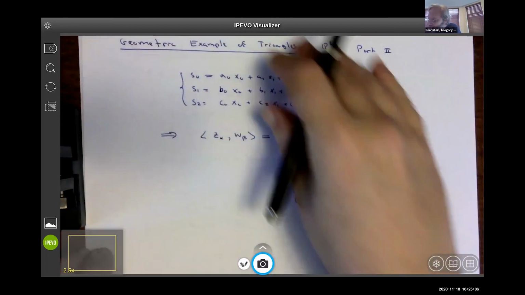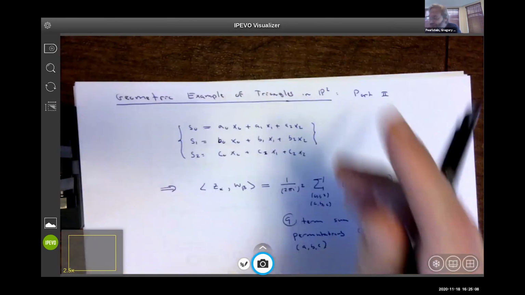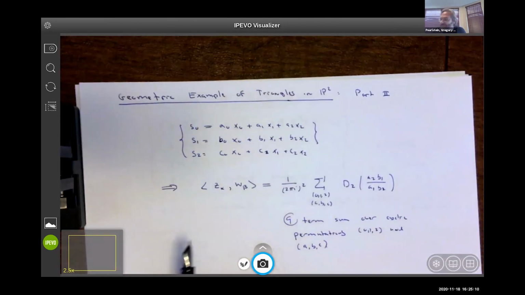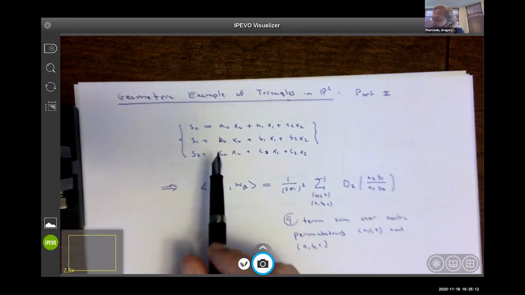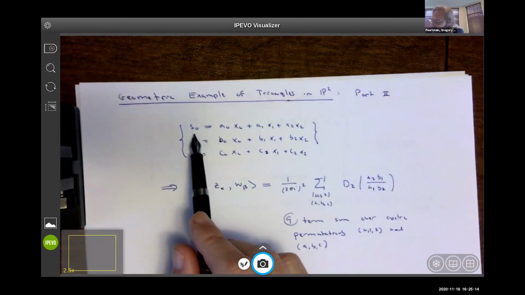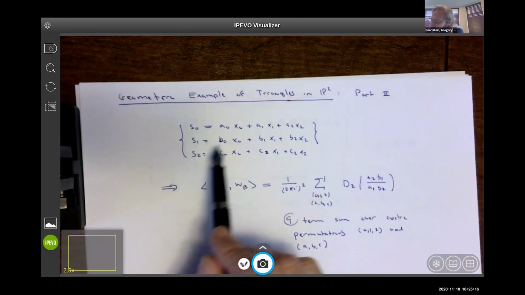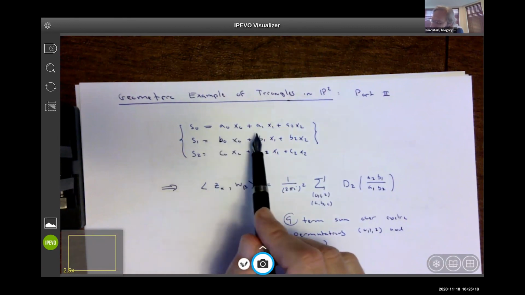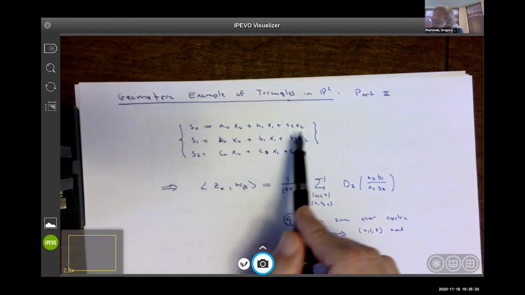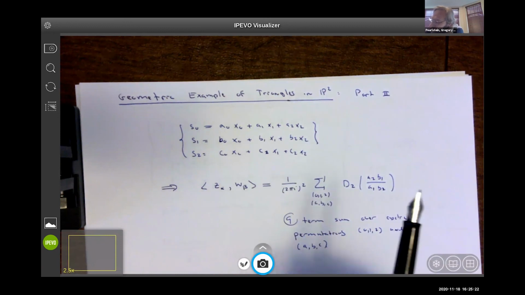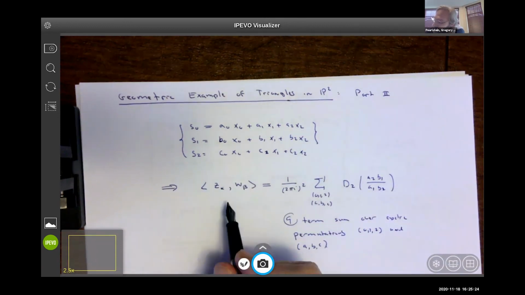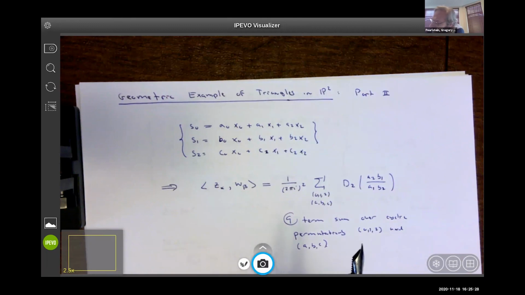And how do I do it? Okay, so I can write my sections S0, S1, and S2 as A0 X0, A1 X1, A2 X2, et cetera. The height pairing between these two cycles has a very natural description.